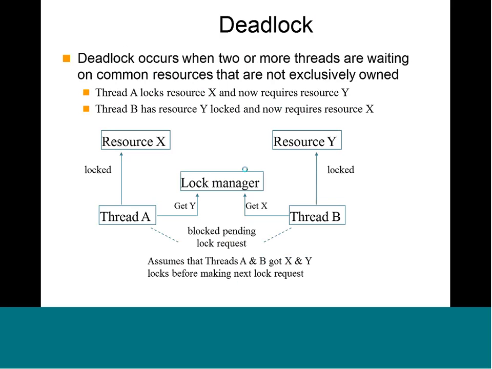There is thread A and thread B. Thread A locks resource X but wants Y. Thread B locks Y but wants X. You're in a deadlock. And to fix this, one of the threads has to get rid of X or Y. Right? This is a classic deadlock situation.